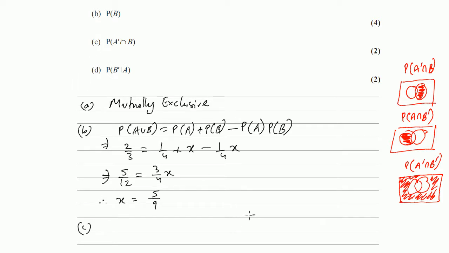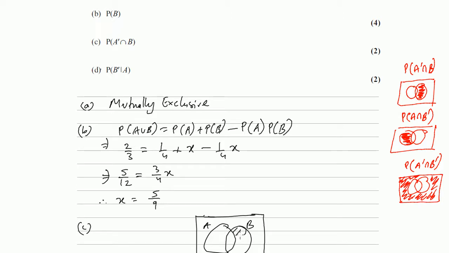So let's see the Venn diagram. We have probability of B, which we consider to be X. This is A, this is B. Probability of A union B is 2 by 3, probability of A is 1 by 4 and probability of B is 5 by 9. To find A prime intersection B, we are looking for this region.